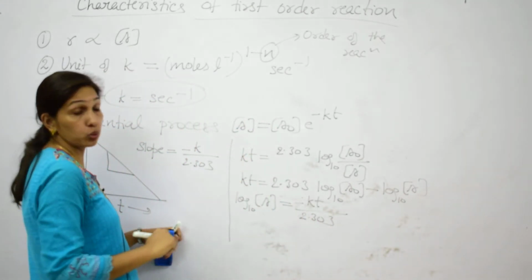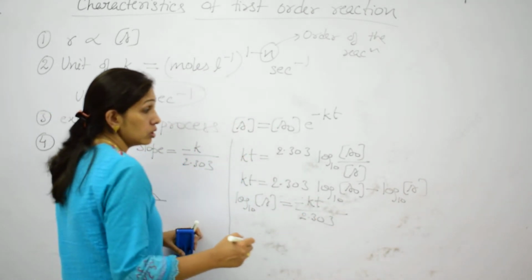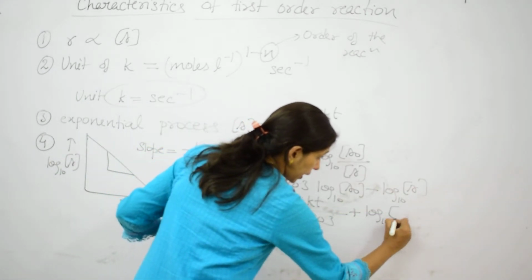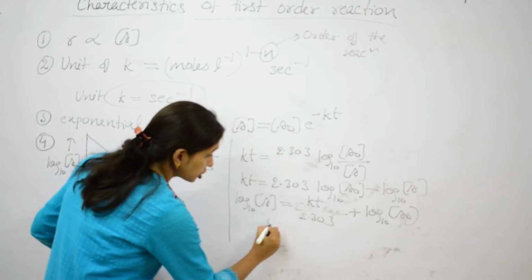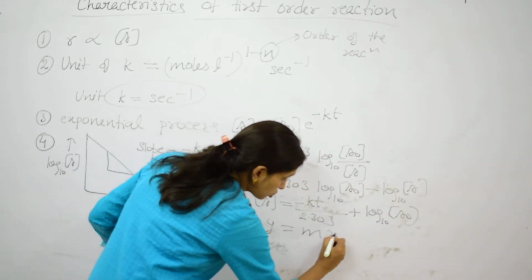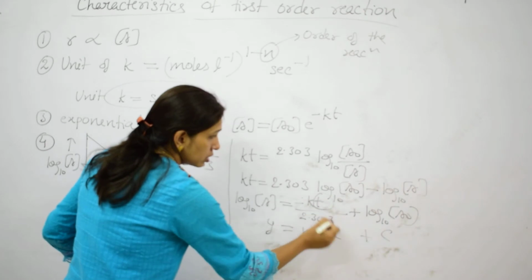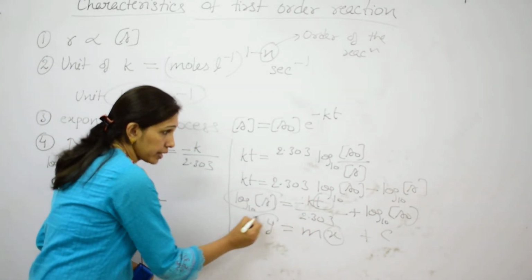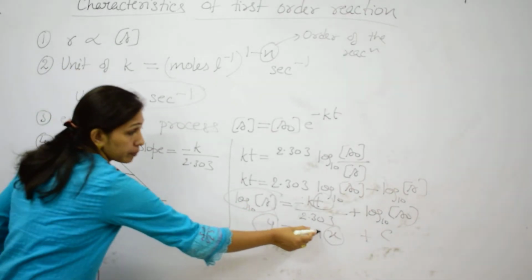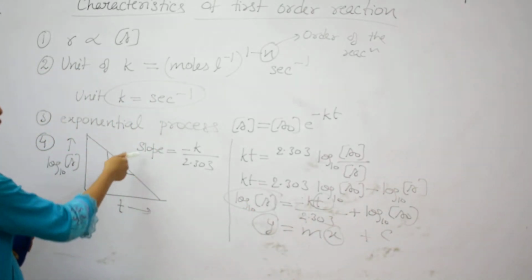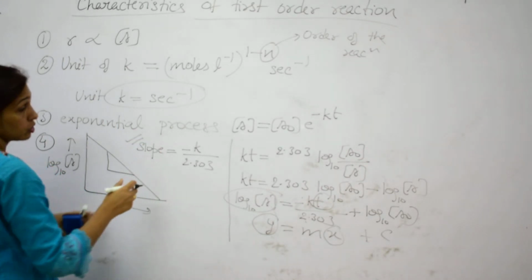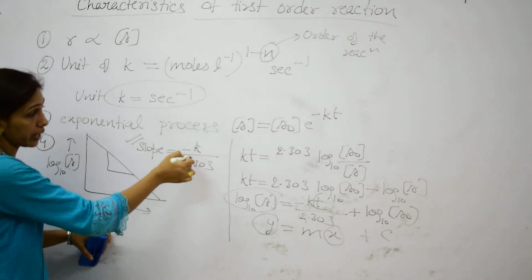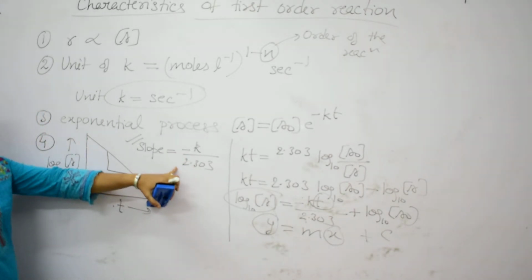So, this equation is similar to y is equal to mx plus c. Taking time t as x and log A as y, we get the slope m, that is minus k upon 2.303. The slope of the graph of log A versus t comes equal to rate constant divided by 2.303.